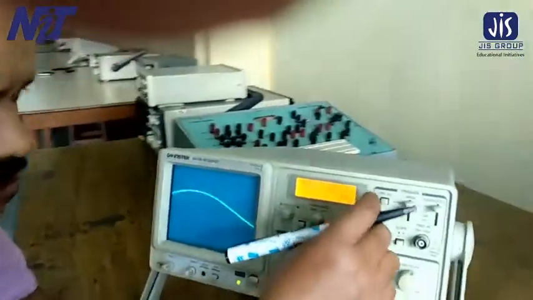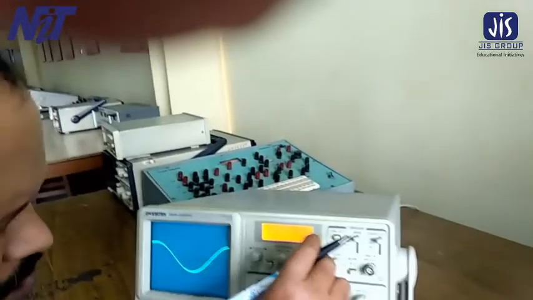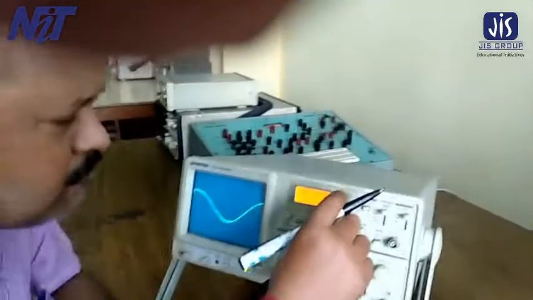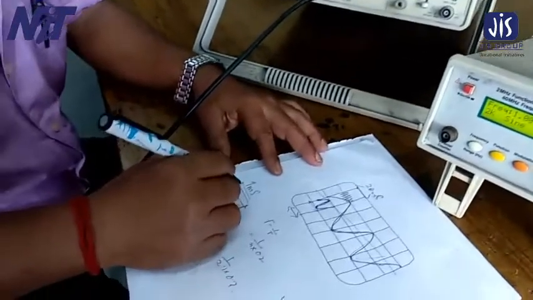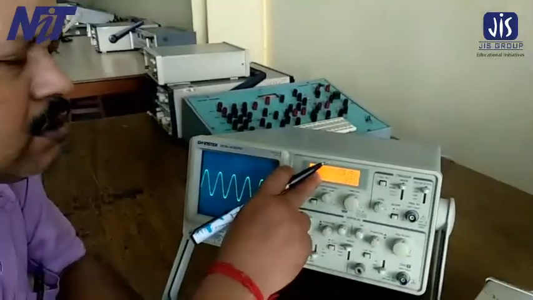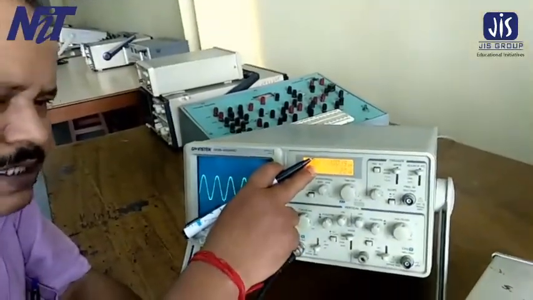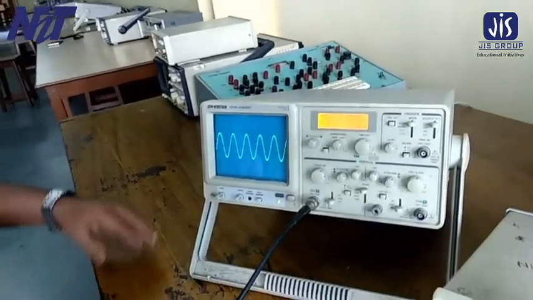So how do you adjust it first? Suppose you have to check 1 kilohertz, you must set your time base at half of your actual signal. Your actual signal has 1 millisecond, so you have to set your oscilloscope time base at least at half of 1 millisecond, that means 0.5 millisecond.